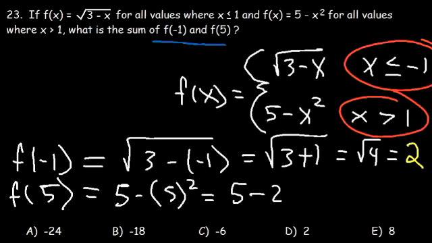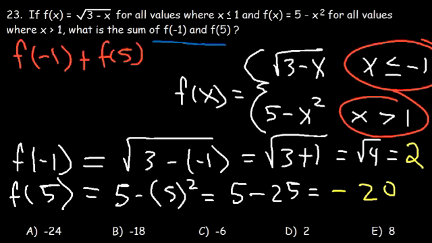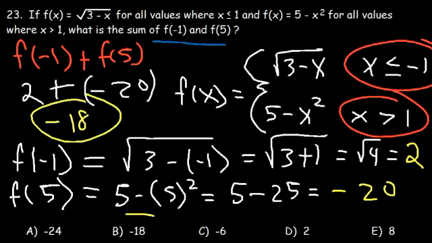So 5 squared is 25, and 5 minus 25 therefore is negative 20. So now we can find the value of f of negative 1 plus f of 5 because we're looking for the sum of these two function values. f of negative 1 we know to be 2, and f of 5 is negative 20. So 2 plus negative 20 is equal to negative 18, and so therefore B is the right answer for this problem.